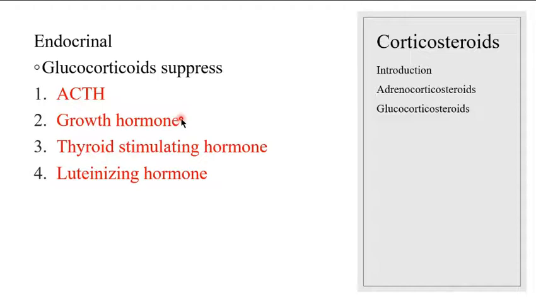It can also inhibit thyroid stimulating hormone and produce hypothyroidism, as glucocorticoids also inhibit conversion of T4 to T3. Corticosteroids can also inhibit luteinizing hormone and inhibit reproductive functions.